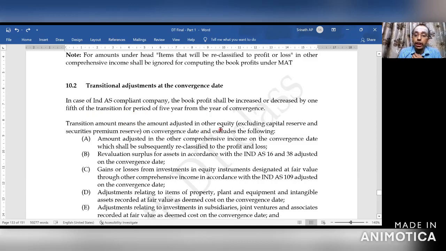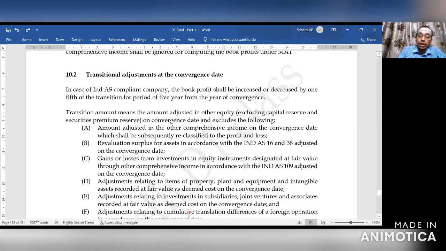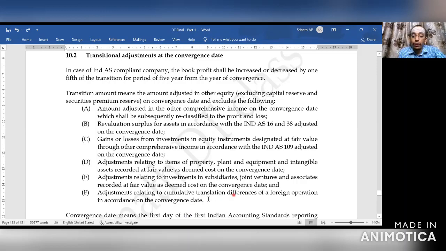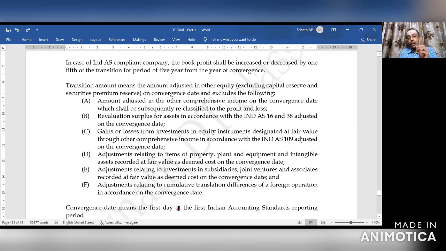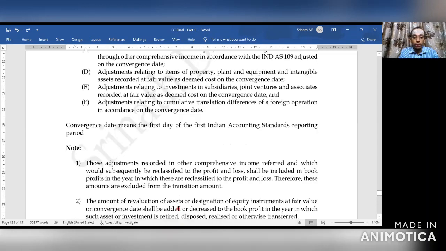Transition amount means adjustment in other equity, excluding capital reserve and securities premium on convergence date, and excludes the following: amount adjusted in other comprehensive income on the convergence date, which shall be reclassified to P&L account; surplus on account of fixed asset; gain or losses from investment in equity instruments; adjustments relating to items of property, plant and equipment; adjustments relating to subsidiary; adjustments to cumulative translation of foreign operations. Convergence date means the first day of INDAS reporting.